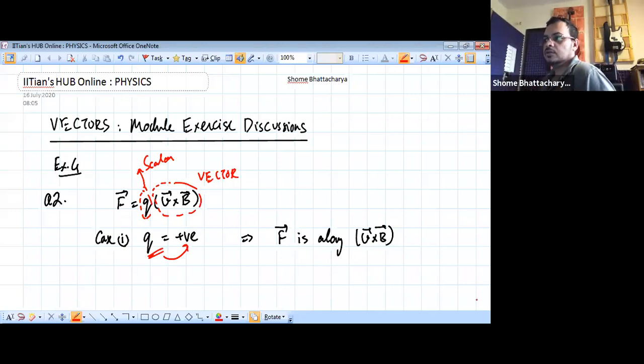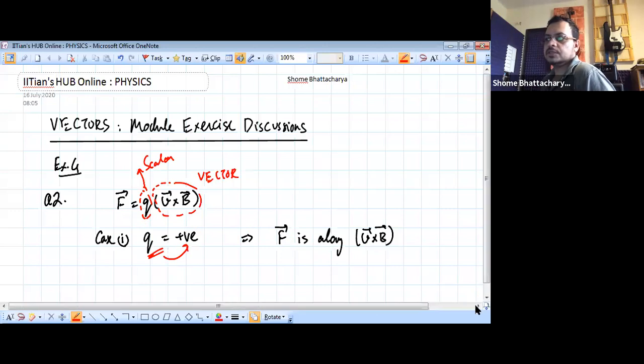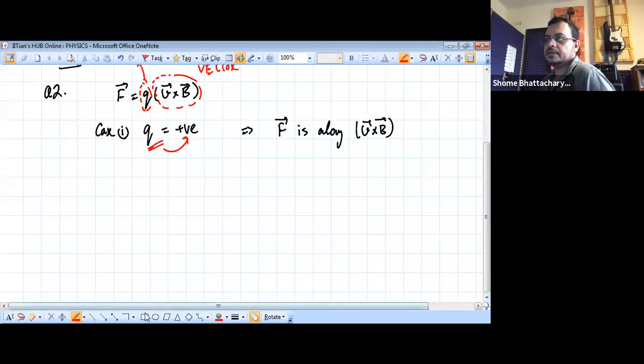Right. So now, for example, in one of the options, it's shown to you that in terms of a coordinate frame, it's like this. For example, in the xy plane, I'll come to it, but first understand this, okay?